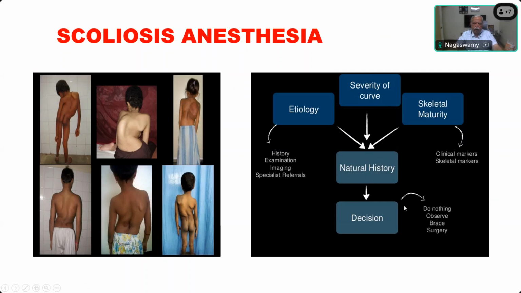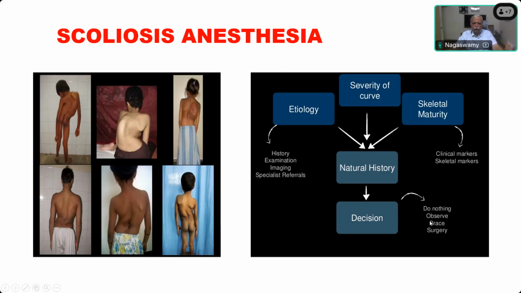So depending upon the Cobb angle severity, sometimes you can ignore the mild scoliosis that will not cause any problem. Or you can observe the patient to see whether it is progressing and becoming more severe.